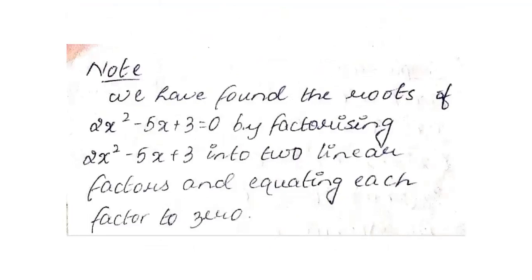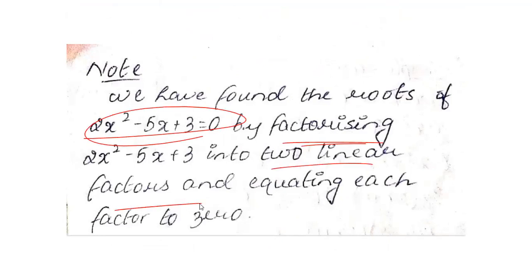One note which is supposed to be remembered. We have found the roots of this equation by the factorization method. We get two linear factors, equate each factor to 0. This is what you have to remember. I have told in a few places, where the heading is given as concept insight.